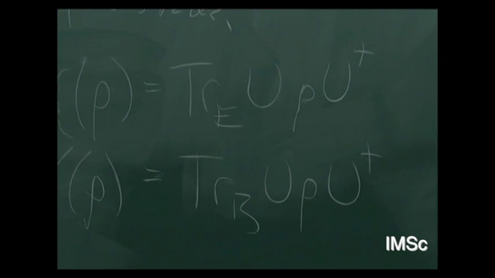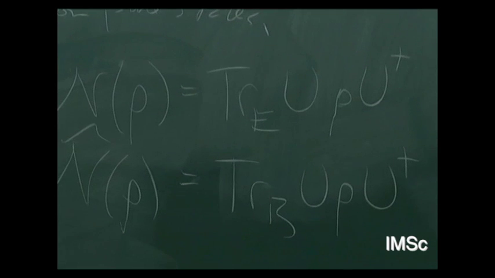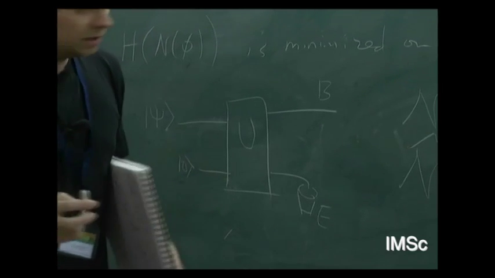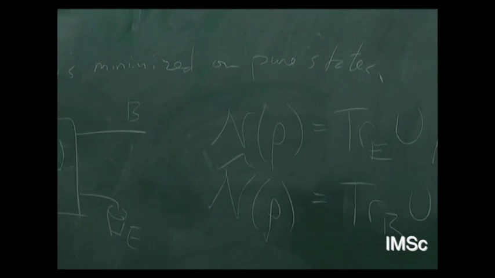And the nice thing is, since I know that the entropy is minimized on a pure state, when I put a pure state in here, this is a pure state on BE. When I have a bipartite pure state, the entropy of one party is going to be equal to the entropy of the other.